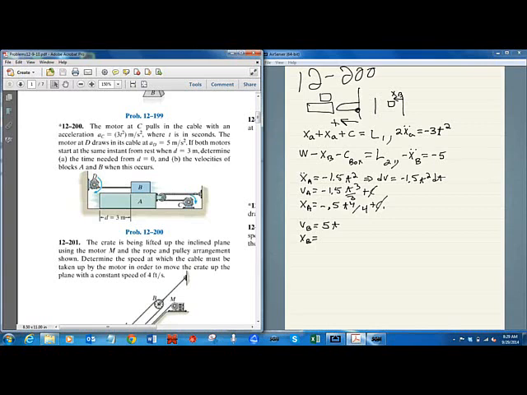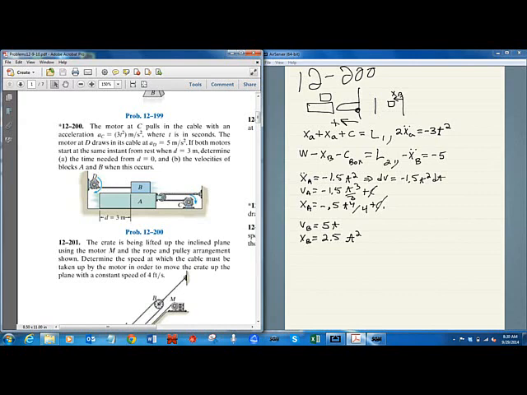Okay, so it's plus 1/2 a t squared. The handy dandy formulas, right? For positions, 1/2 a t squared. A is 5, so 1/2 of 5 is 2.5.